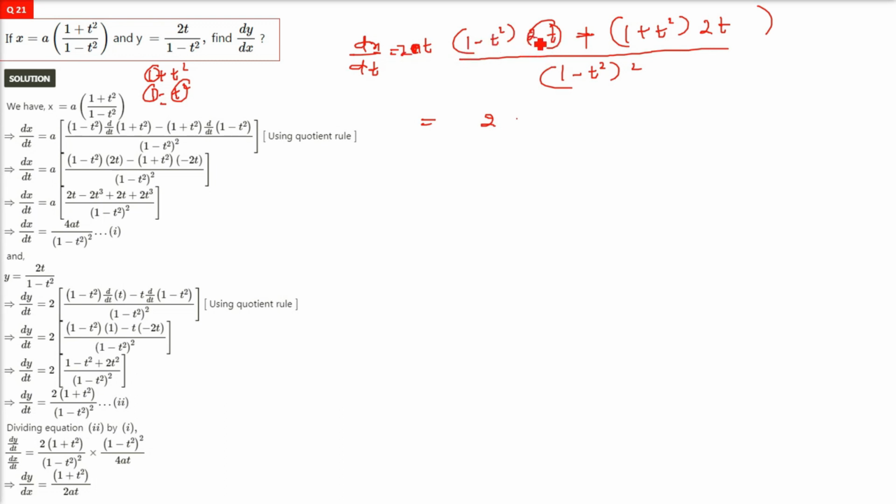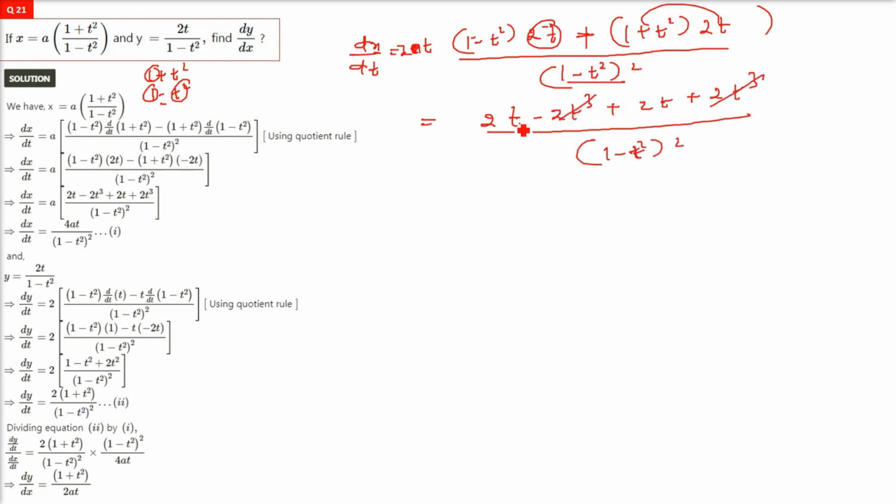And 2t we are taking common. 1 plus t square plus 1 minus t square will be inside. So t square and minus t square, you can cancel them out. I'm just multiplying inside. You can take 2t common also, but let us multiply this. The result will remain the same because minus 2t square and 2t minus 2t cube and 2t cube will also get cancelled.